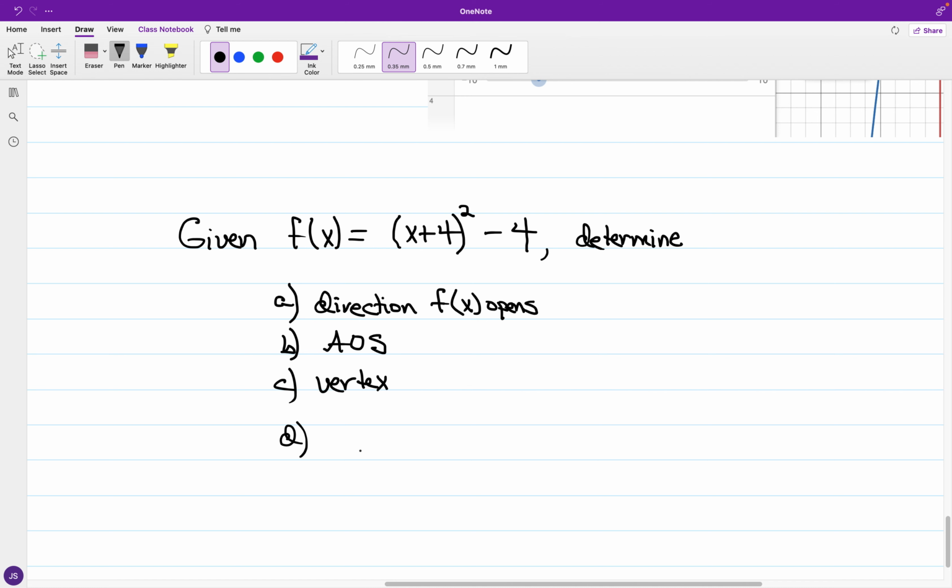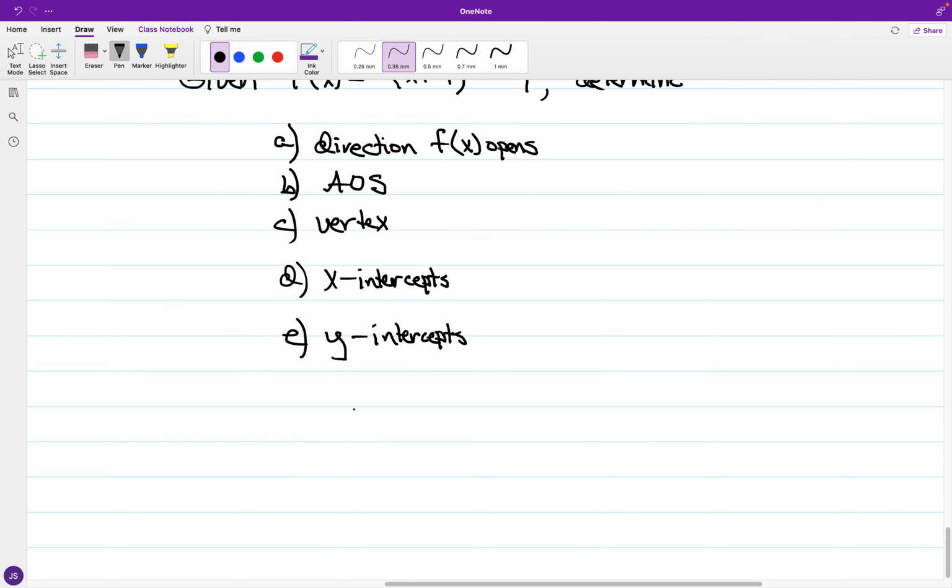And also other items, determining the x-intercepts, if there are any, as well as y-intercepts. And also at least 5 points.